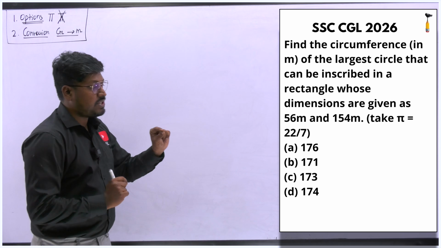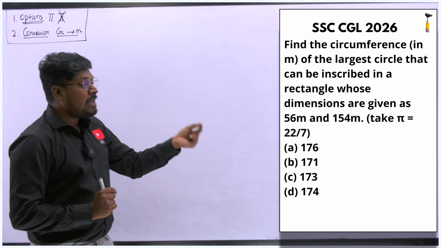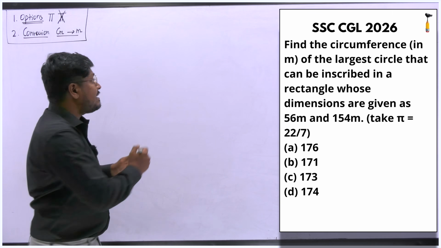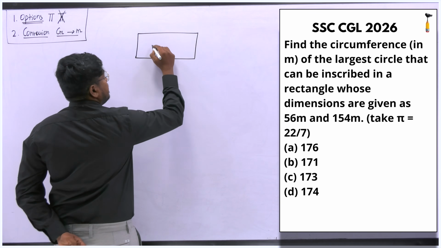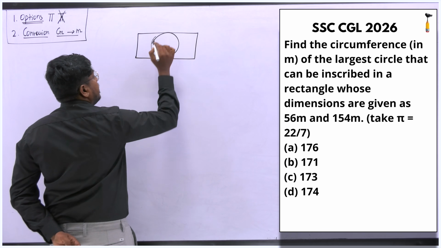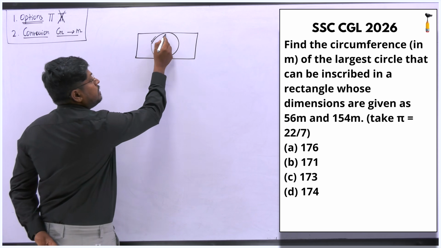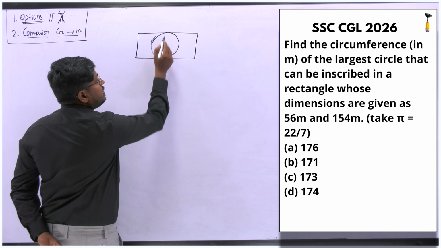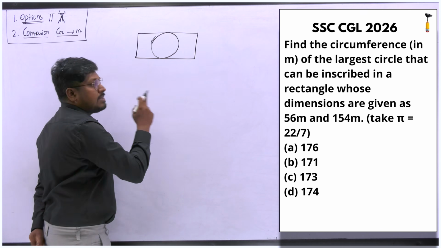Here according to the question, find the circumference of the largest circle that can be inscribed in a rectangle. So inside a rectangle there is a circle, right? So this will be the largest circle. The largest circle is nothing but the circle touching these two points, along the length of the two points which act as the largest circle.